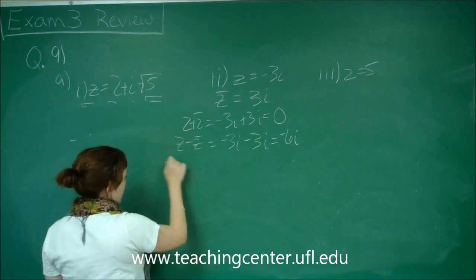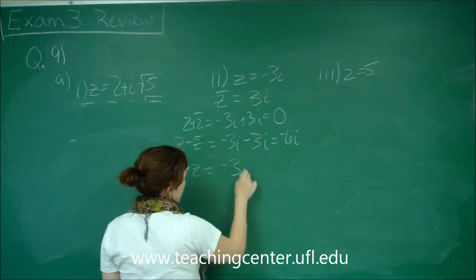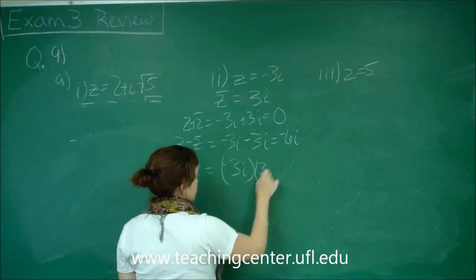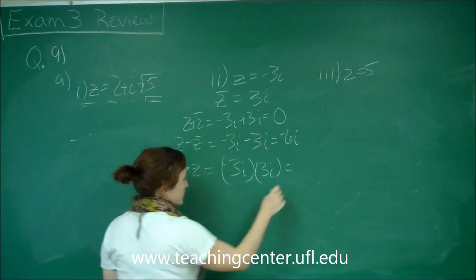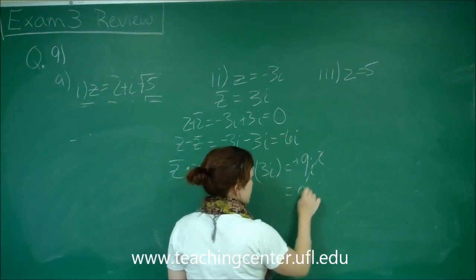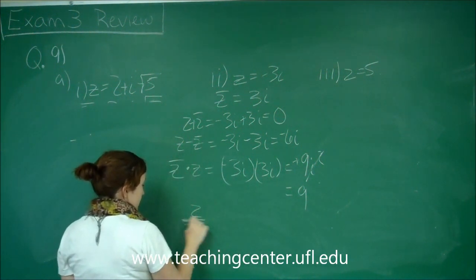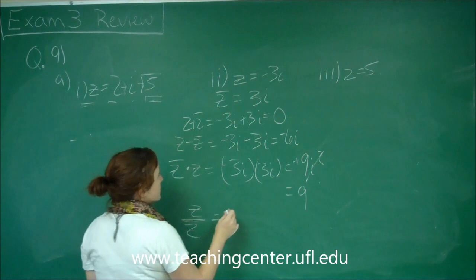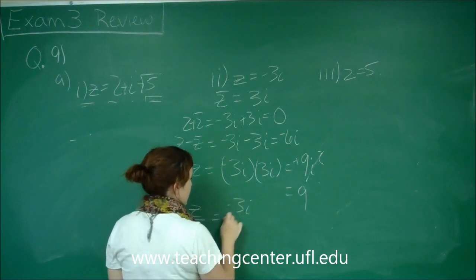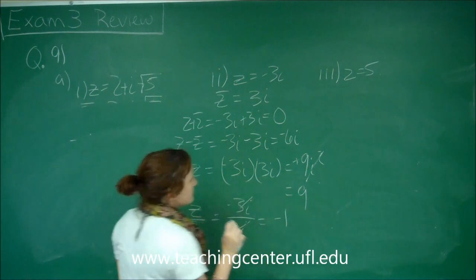We've got z times z bar, that's equal to negative 3i times 3i, which is equal to negative 9i squared, which, since i squared is negative 1, is just equal to 9. And then we've got z divided by z bar, and that's equal to negative 3i over 3i, which we can simplify to just being negative 1.